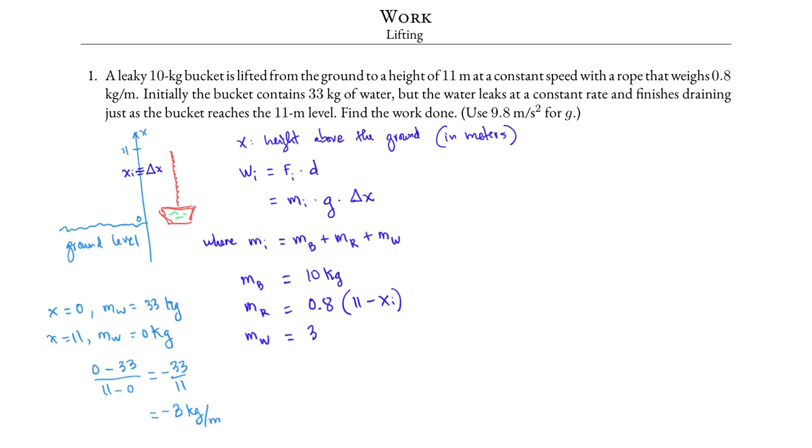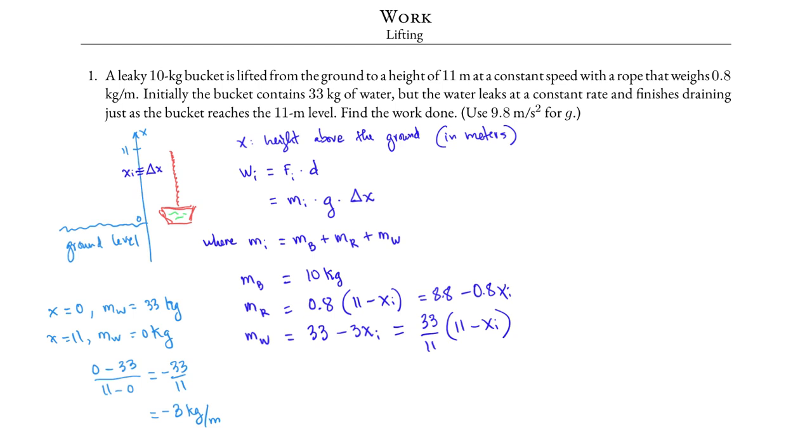We start with 33 kg of water. When the water gets to the level xi, 3 xi kilograms is gone. And so the mass of the water at the xi level is 33 minus 3 xi. Notice that we could obtain the same expression with positive 33 over 11 times 11 minus xi.